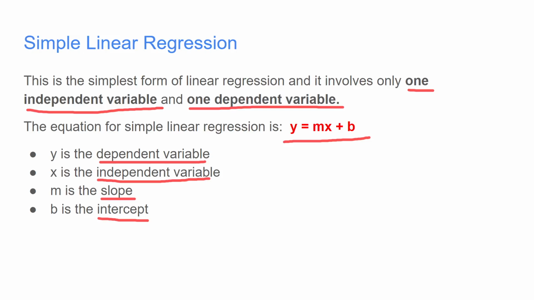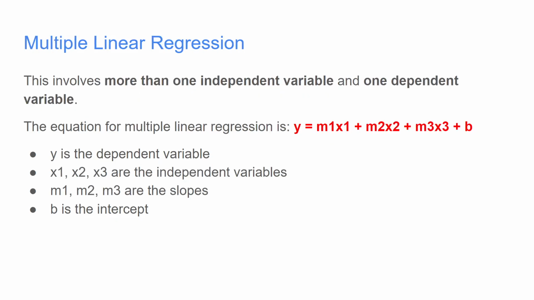Then we'll see about multiple linear regression. Multiple linear regression involves more than one independent variable and one dependent variable. So this is the definition of multiple linear regression.